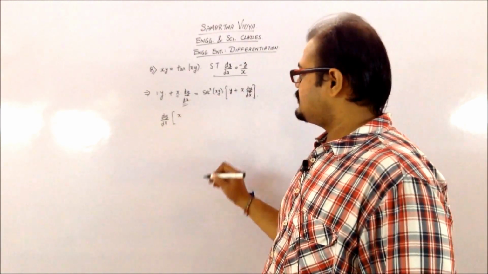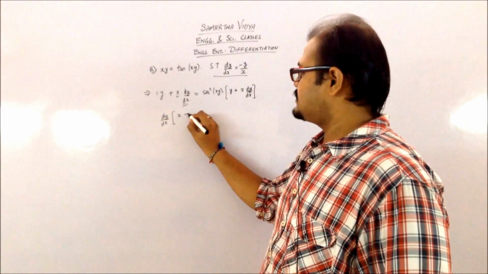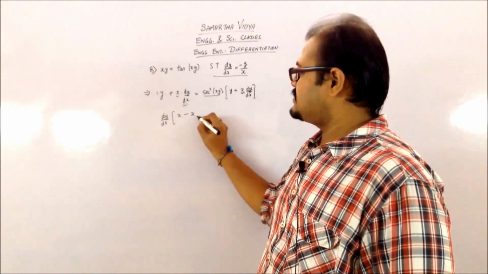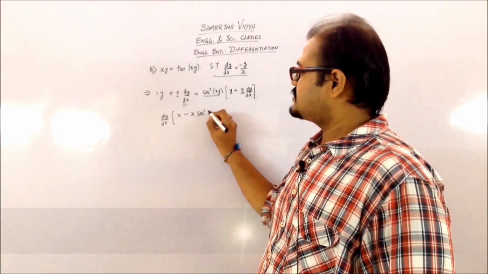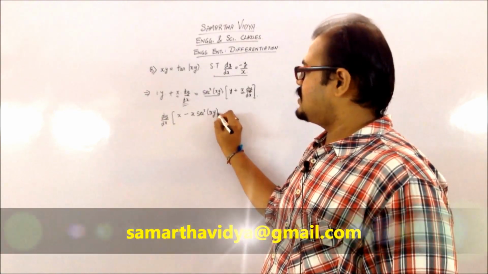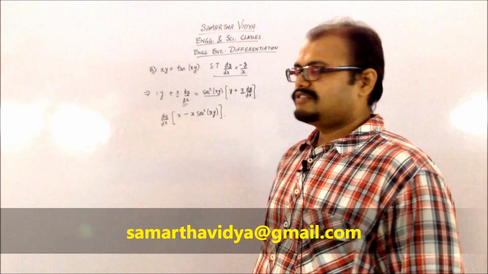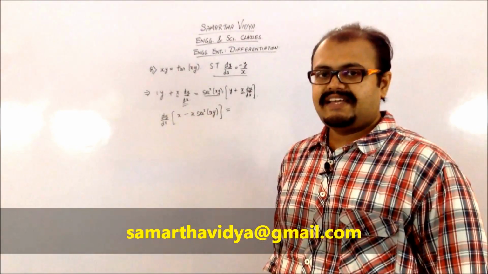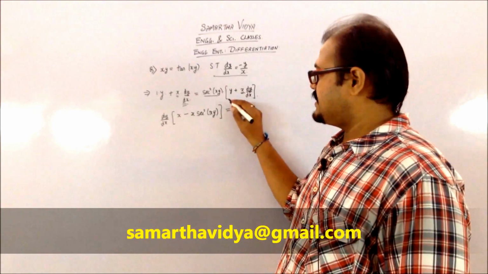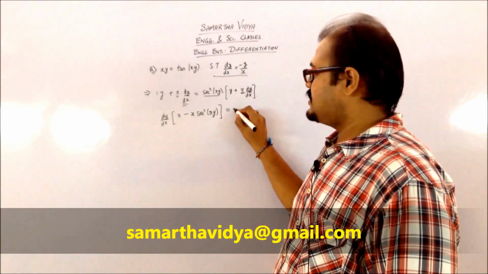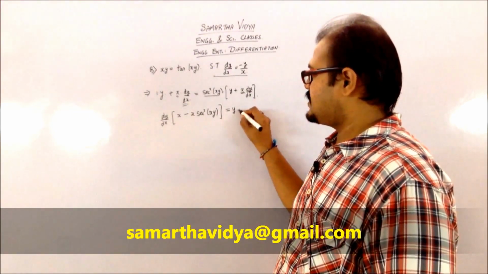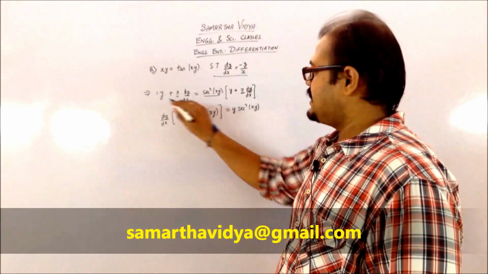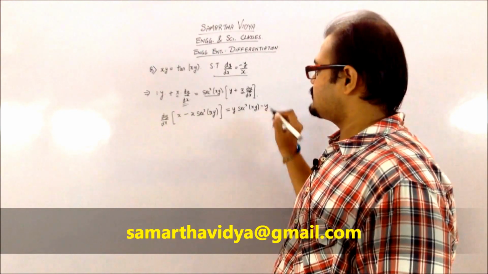Then this part will go on that side, so it is going to be minus x into sec square xy, multiplied by dy by dx, which is taken common. That will be equal to the terms which do not have dy by dx. So that's going to be y into sec square xy, and from here it's going to be minus y.